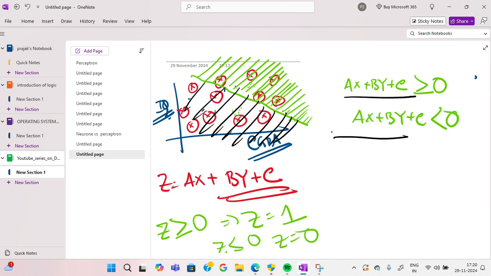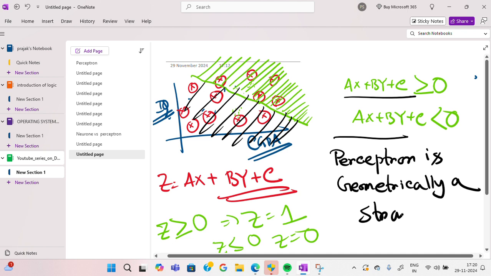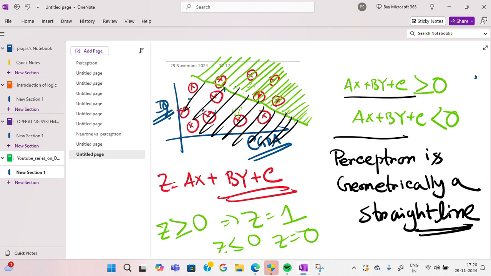That means our perceptron is geometrically a straight line. So what if the plot is 3D?